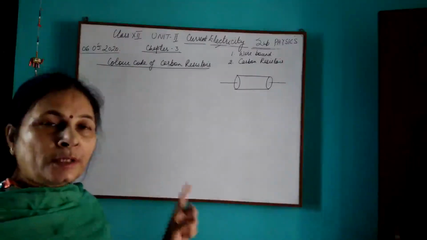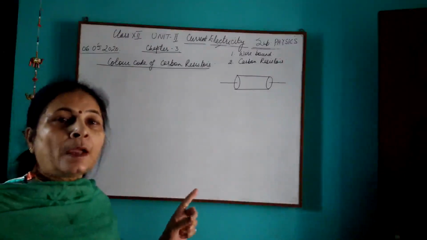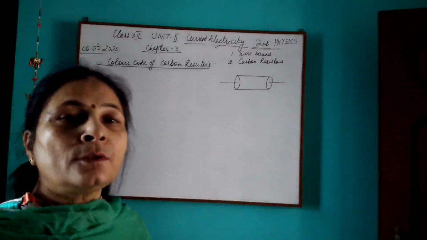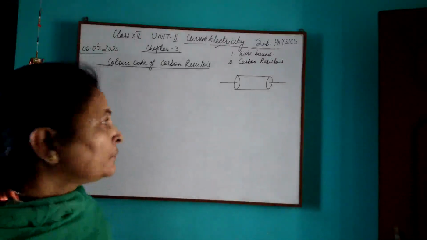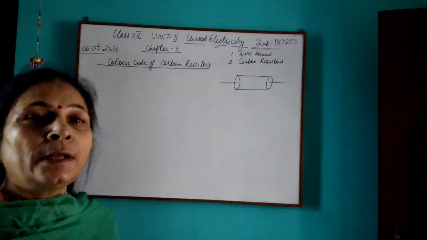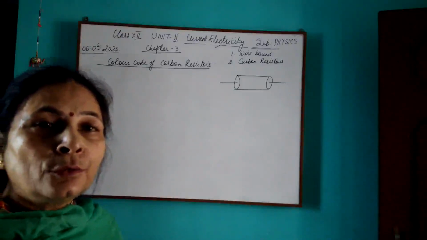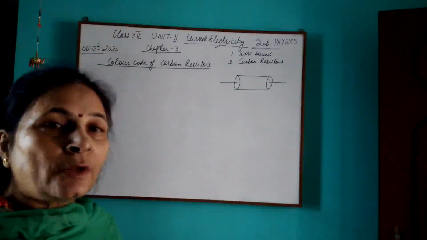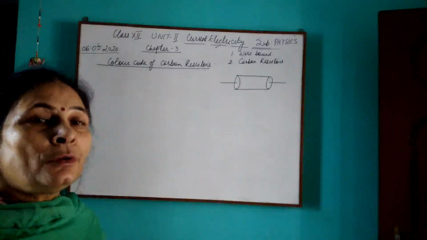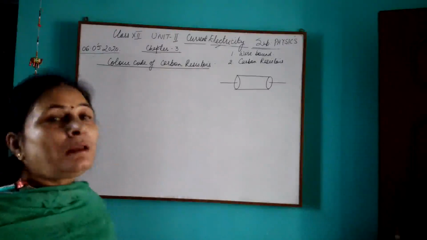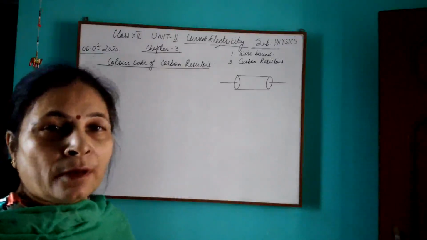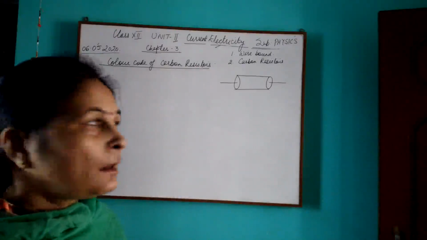I'll make the table, and I will also tell you the method to remember it. Then we'll calculate the value of 2 or 3 resistors so that you are familiar with how to determine the value from the given colored rings. This is a very common question in the viva of physics practical.